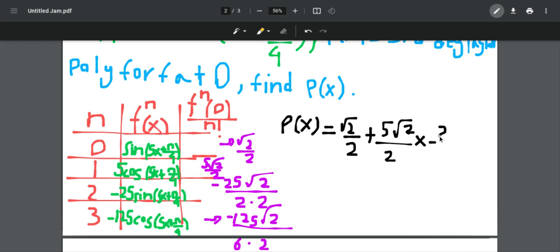And the next one is negative, so we subtract 25 times square root of 2, and then all over 2 times 2, which is 4, and then multiplied by x to the second power.